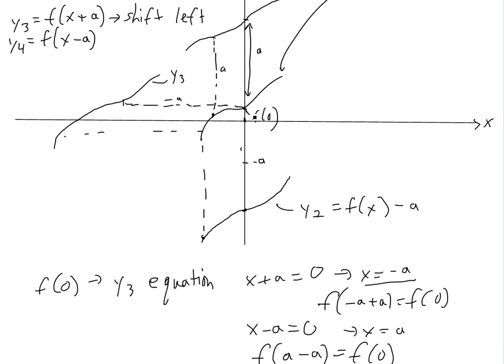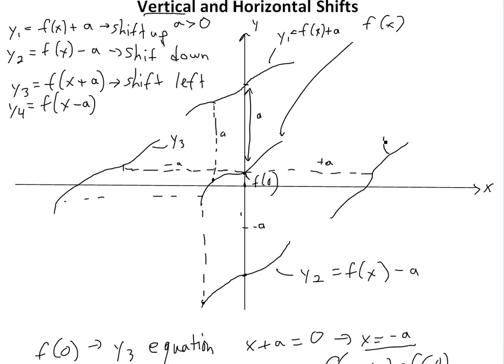Here f of 0 is at this point for f of x, but to get that we need to shift a all the way to here. So we shift plus a, and we get something like this. We do that for every single part, so we get a shift to the right. This is y4 equals f of x minus a, and this one is a shift right.